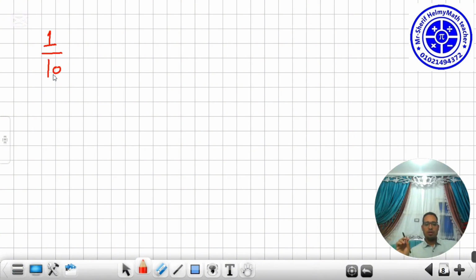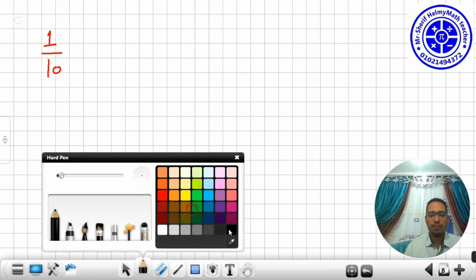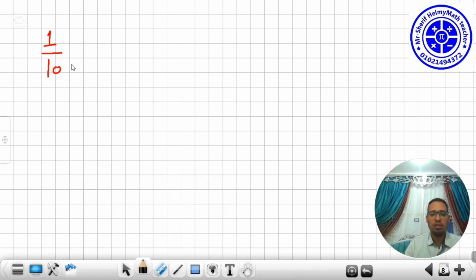Like we said before, in the percentage we must make the denominator equal 100. So this 10 times what to be 100? Of course times 10, and here times 10. 10 over 100 will be 10%.